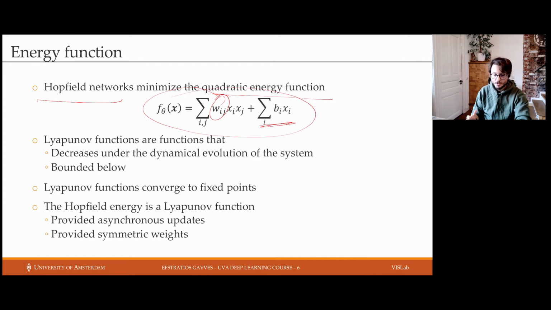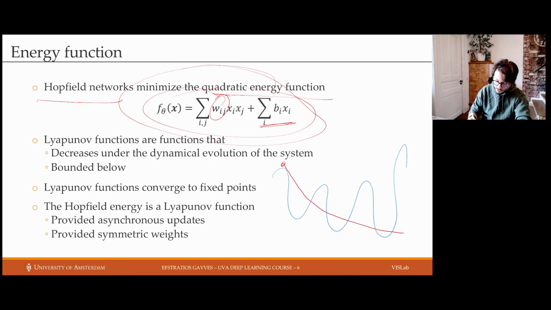We are interested in that because, sure, this is what Hopfield networks do, or we defined even the Hebbian associative learning rule, but how can we be sure that the model can even converge? Maybe over time, instead of the states converging to a single solution, maybe they start diverging. How can you know that? Well, you know that for Hopfield networks because they are Lyapunov functions, provided asynchronous updates and provided symmetric weights.